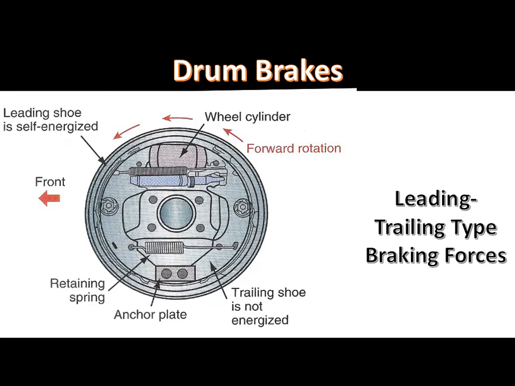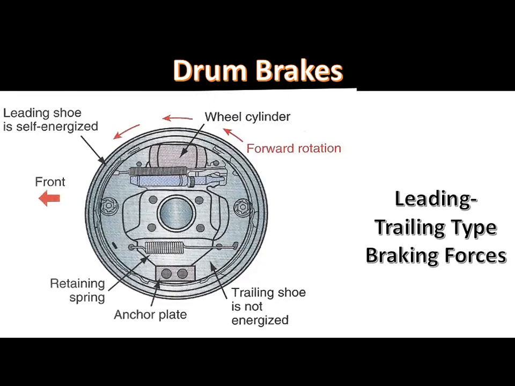Some servo action occurs when the leading shoe presses against the anchor pin at the bottom of the backing plate and applies some mechanical force itself to assist in its application. However, the trailing shoe is forced against the brake drum by movement from fluid pressure in the wheel cylinder alone.